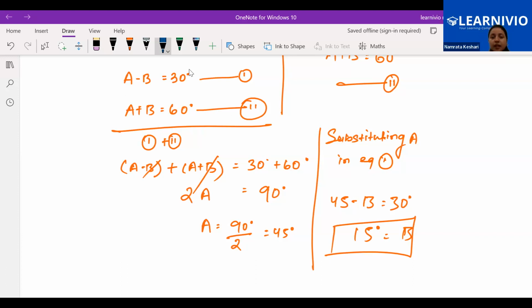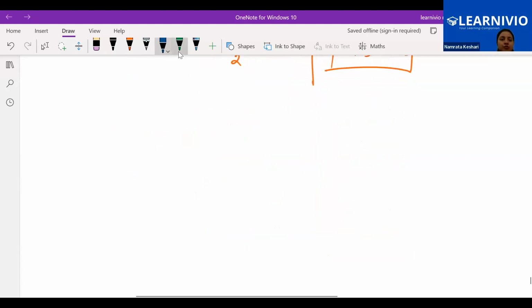Done. Let's discuss a few true false questions. The first is sine A plus B is equals to sine A plus sine B. Is it true or false?